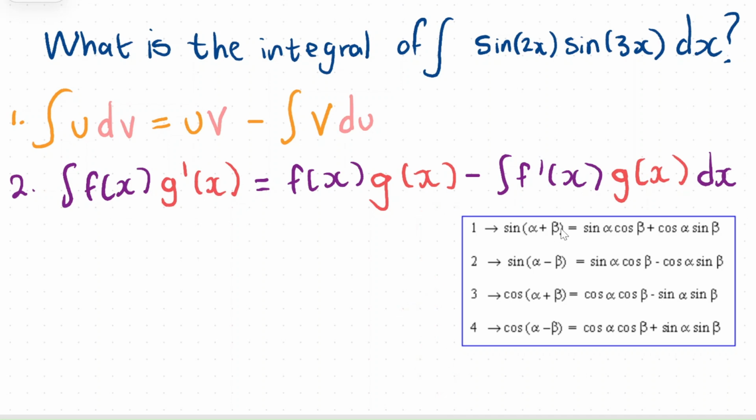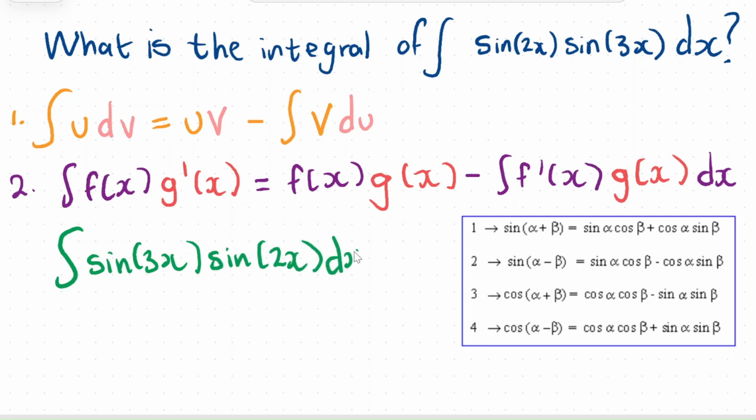which shows addition and subtraction of trig functions, then the positioning of our a and b values is extremely important. So let's rewrite this as sine 3 of x multiplied by sine 2 of x dx.